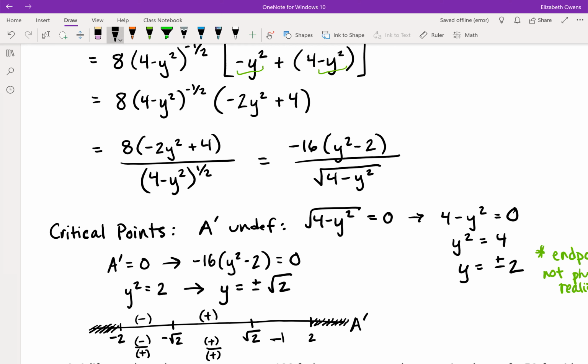And then in this last interval, you'll get a positive denominator and a negative numerator again, so we're back to a negative first derivative. So our area function is decreasing, then increasing, and then decreasing again. Of those 2 critical points, negative square root of 2 is not what we want. We want positive square root of 2 to give us a true maximum value for this area. So this will give us a max.